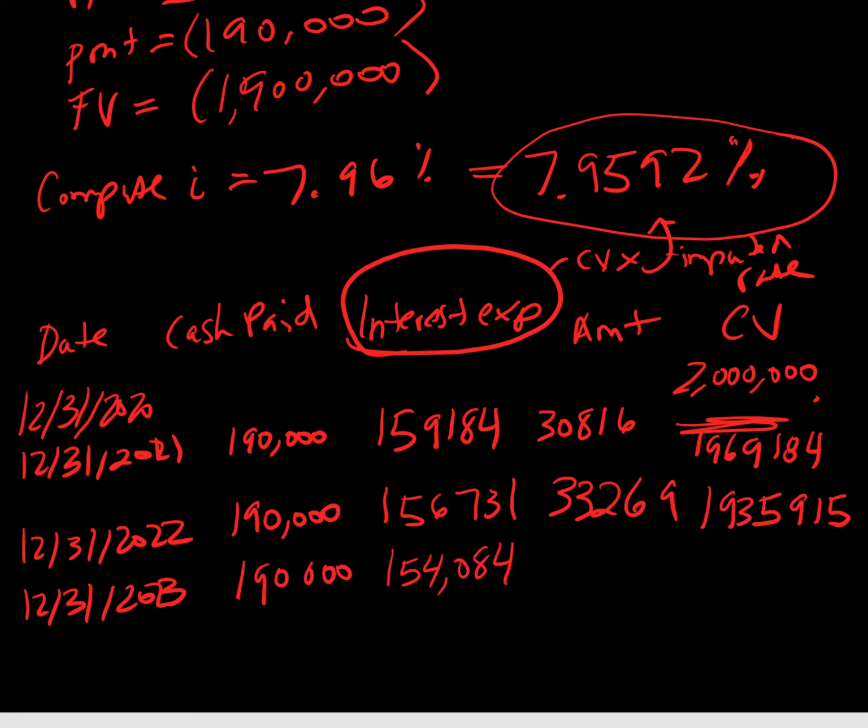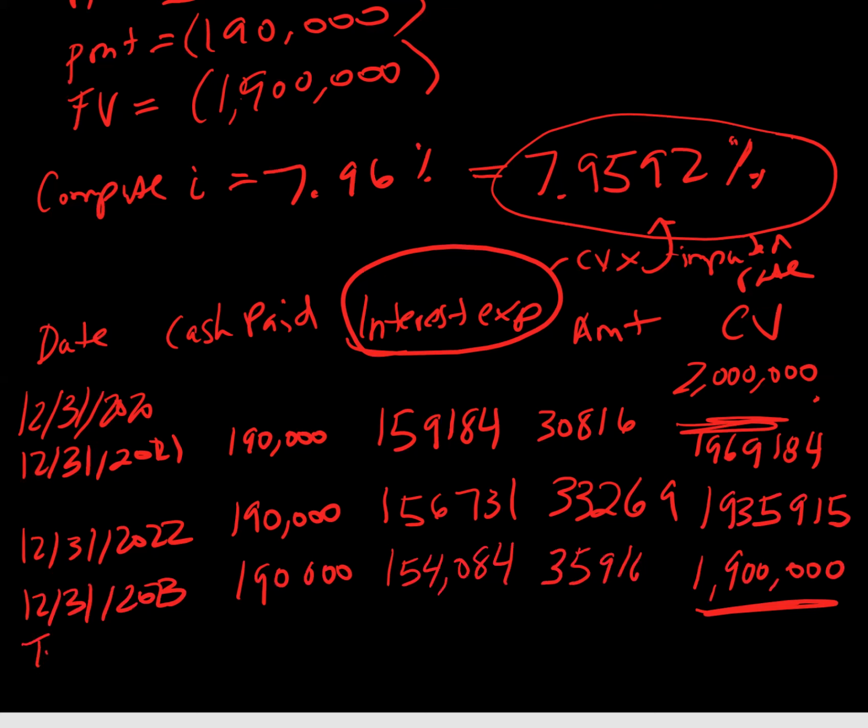The difference between 190 and 154,084 is 35,916. So 1,935,915 minus 35,916 is going to give me 1.9 million, which is perfect. That's exactly what I needed this to be on my balance sheet at maturity, which is this December 31st, 2023, or the next day, January 1st, 2024.